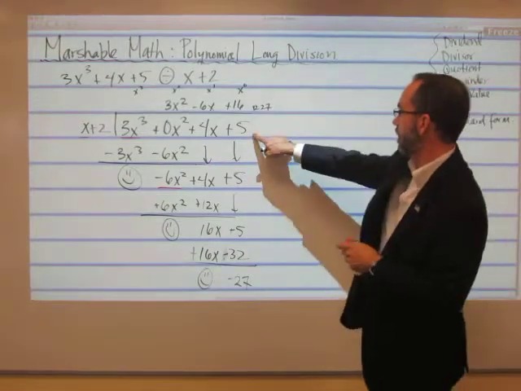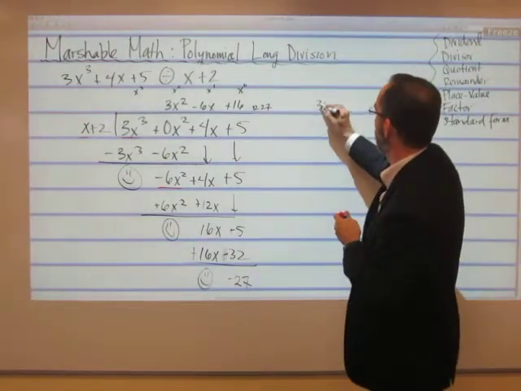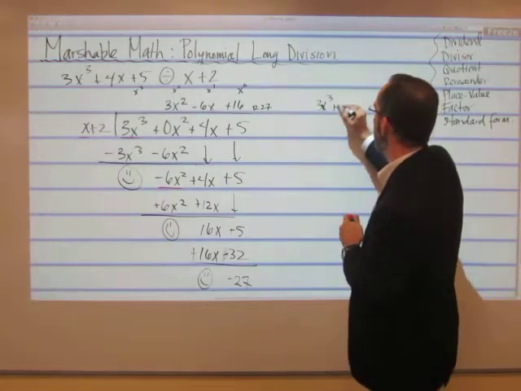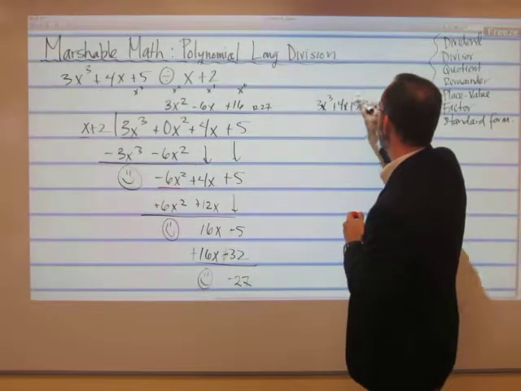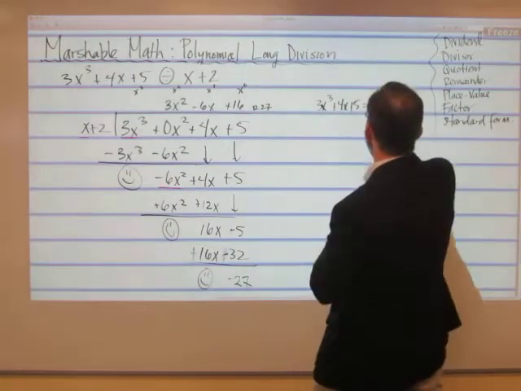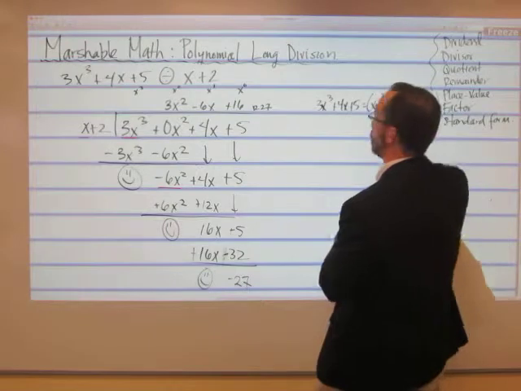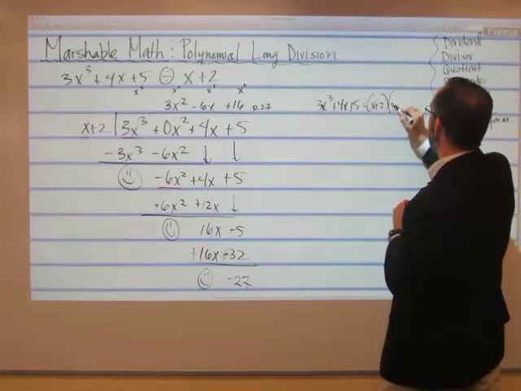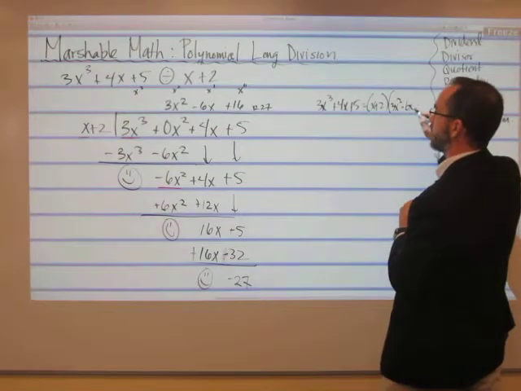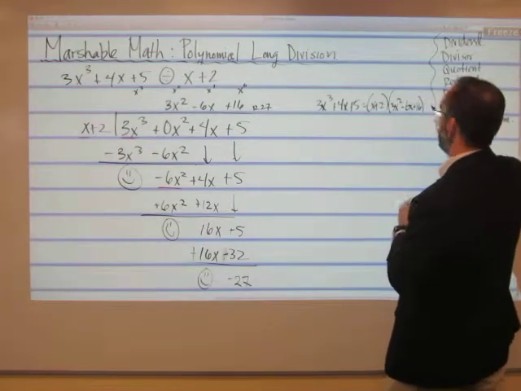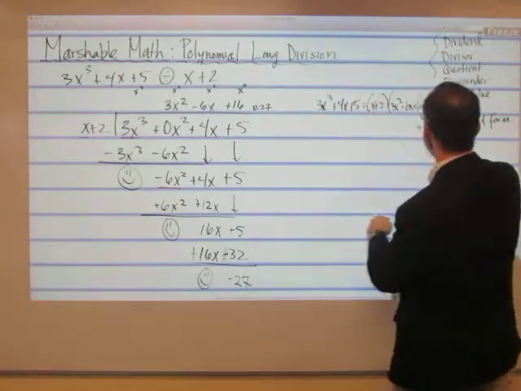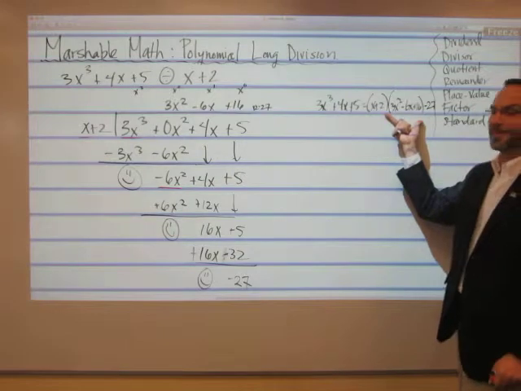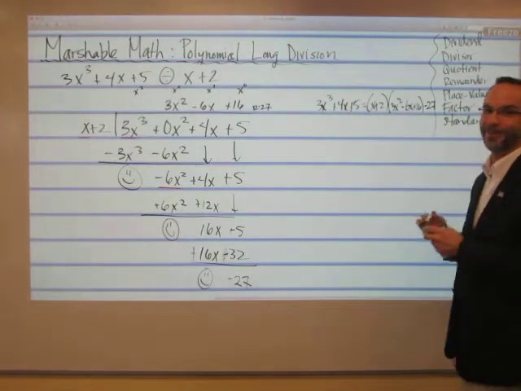That means the dividend, 3x cubed, I'll skip the 0, plus 4x plus 5 is equal to x plus 2 times the quotient, I'm running out of space, 3x squared minus 6x plus 16, and then it's minus 27. I double dog dare you to multiply this out. I'll bet you get that guy right there.